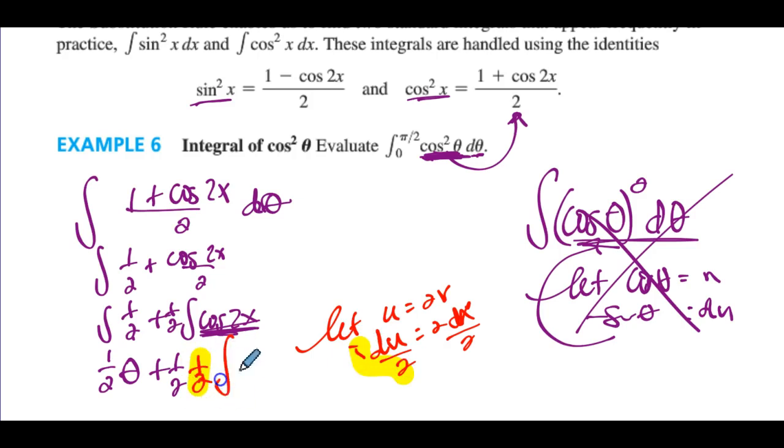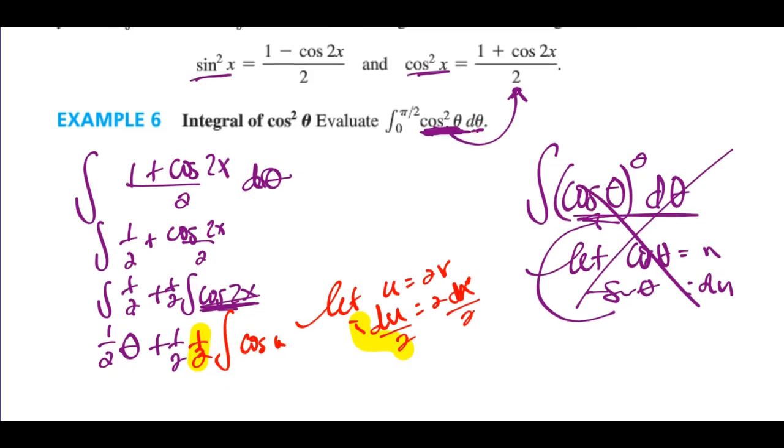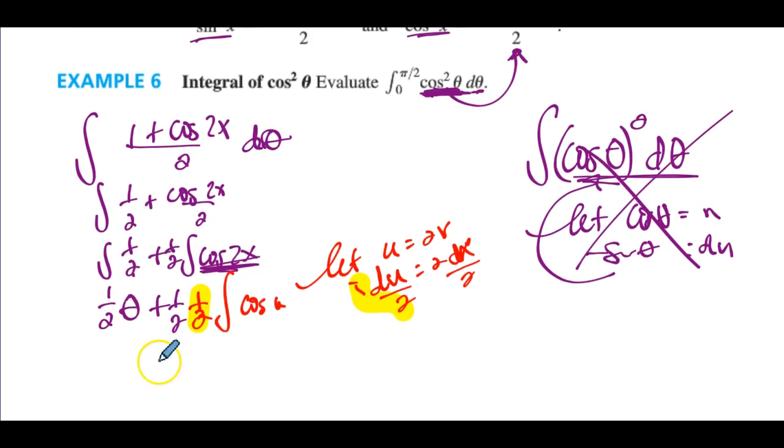And then you've got the integral of just cosine u, and of course that's, excuse me, I had to think about whether it's positive or negative. But I think it's positive because the derivative of sine is cosine. So positive sine, then the u, I'll replace the u back with my 2 theta.